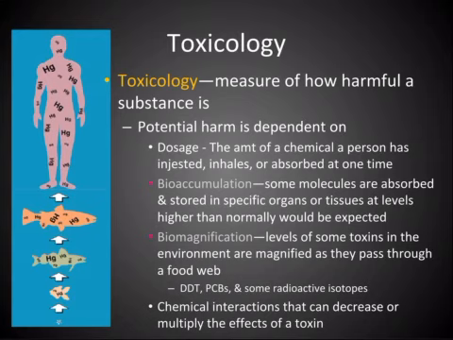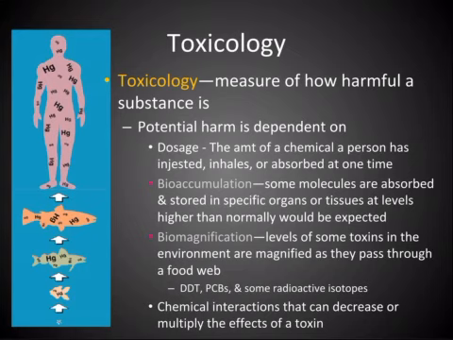We've talked about the two terms bioaccumulation and biomagnification. If a substance bioaccumulates, meaning it's stored in your organs, tissues, or fat cells, then that may lead to more harm over time.